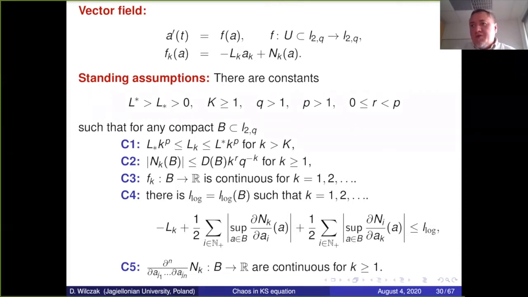In Kuramoto-Sivashinsky, this is just a polynomial, so they are continuous. So there is no problem with this condition. The most important assumptions are C1 and C2. They give us dissipation, okay? The last three conditions are technical. And our algorithm works in these settings, okay?